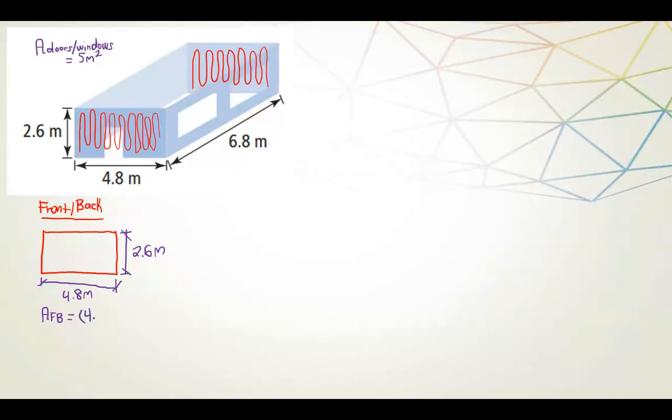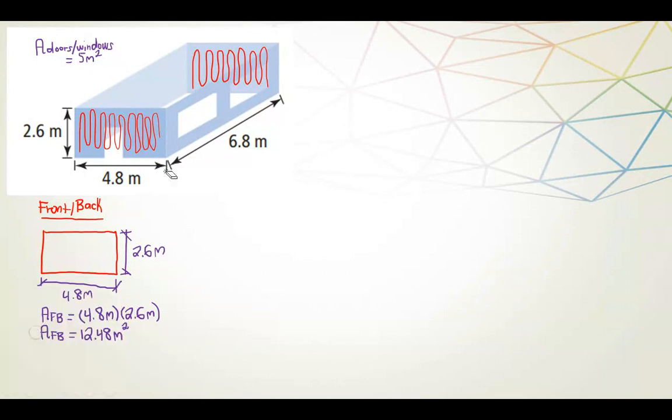Let's take the length and multiply by the height: 4.8 times 2.6. If we plug this in, this gives you a decimal number. 4.8 times 2.6 gives you 12.48, and the units are square meters.